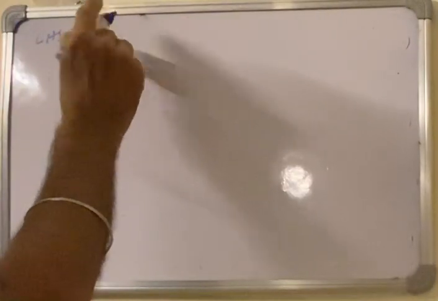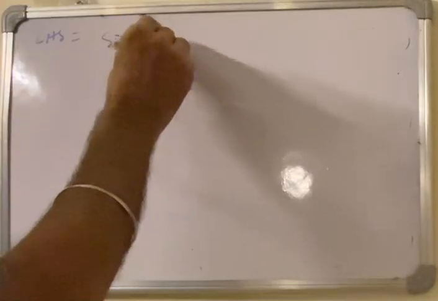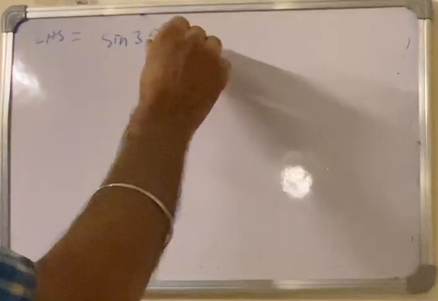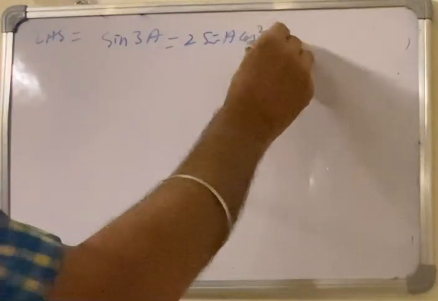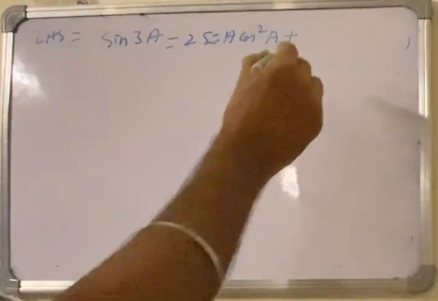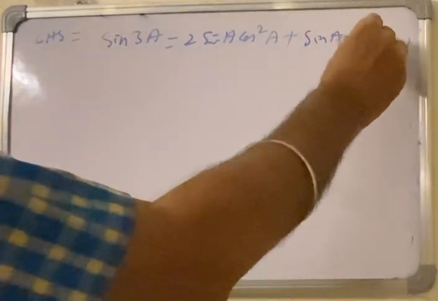Sine 3a is equal to 2 sine a cos square a plus, we open bracket, sine a minus 2 sine cube a.